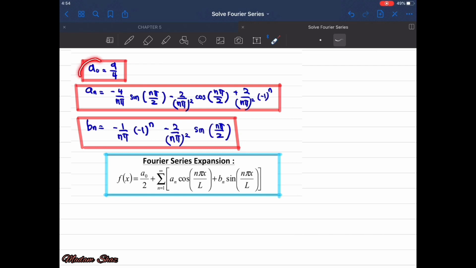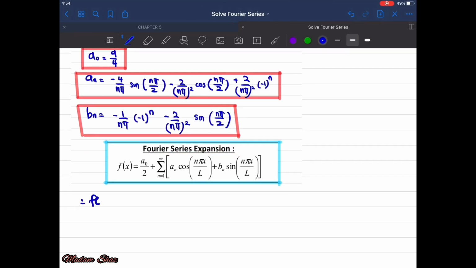After we have obtained the values for a0, an and bn, substitute into the formula of the Fourier series expansion. So therefore f(x) is equal to a0 over 2, whereby a0 is equal to 9 over 4. 9 over 4 divided with 2 will become 9 over 8.